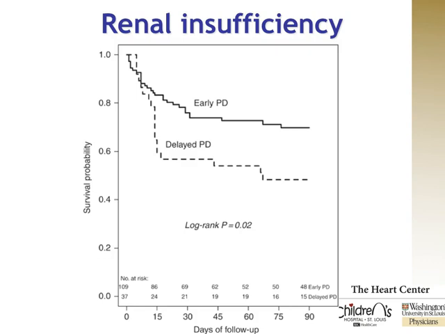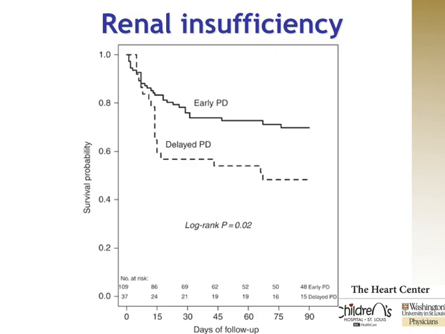Some studies have looked at the institution of early peritoneal dialysis versus waiting for classic indications of renal insufficiency and seeing if that has an impact on outcomes. And some studies have shown, in fact, that if you do use renal replacement therapy, knowing that the kidneys are going to have a period of poor function in some of these complex patients, but just go ahead and take over that function and empirically initiate dialysis, it can be associated with improved survival.